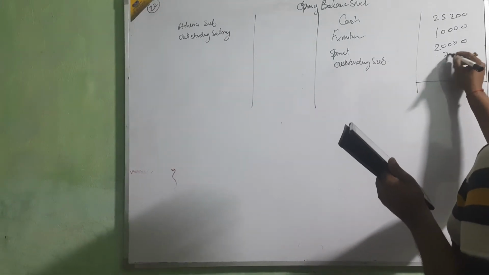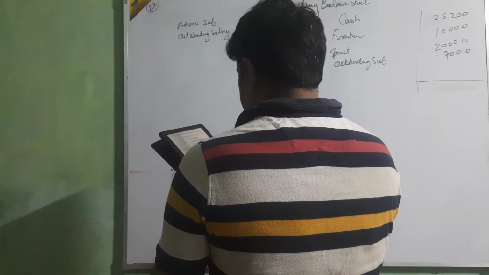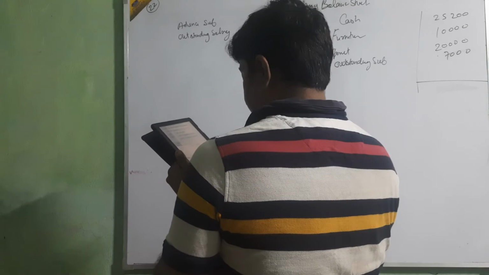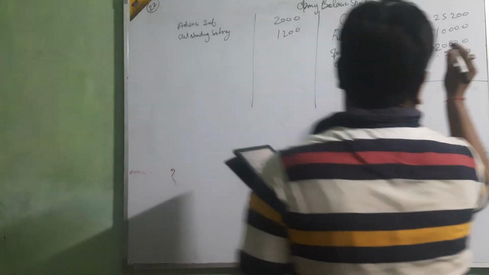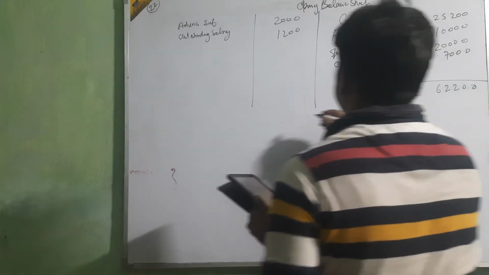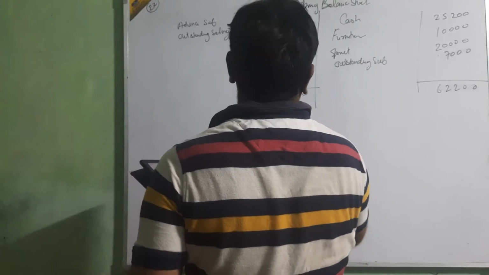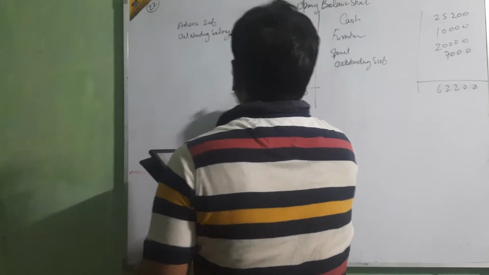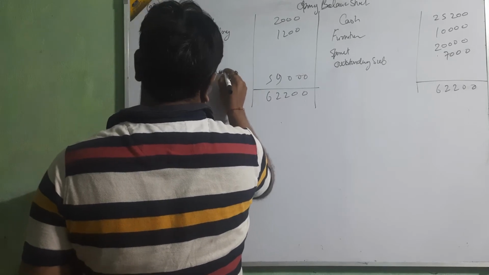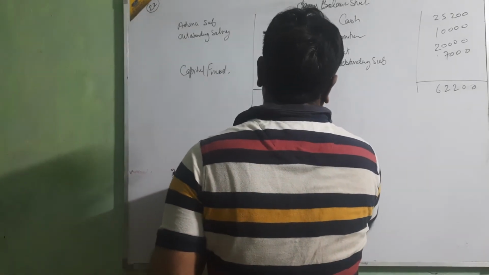Last year is 27,000 and last year advance is 2,000 and outstanding subscription is 1,200. The total comes to 62,000, which is the capital fund 59,000. Okay, beta? Now I am going to make the income expenditure account.